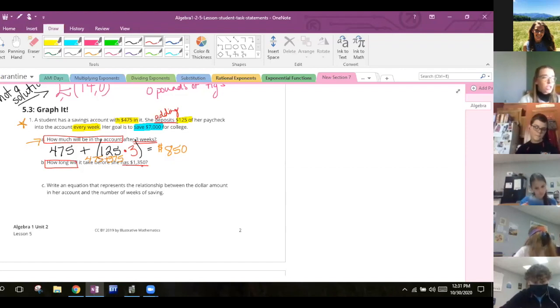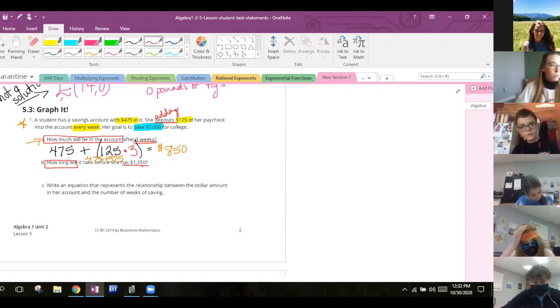So we know she's saving $125 per week, but what do we also have to think about? How many weeks it takes for her to save it. Yeah, we have to think about that, but we also have to consider that $475 that she already had. Okay, so before you would divide it, what would you have to do with that amount you already started with?